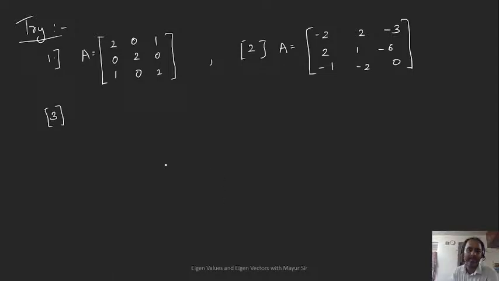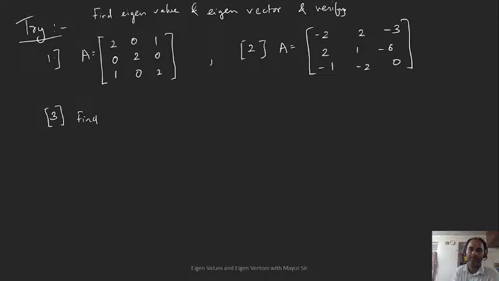For each, you have to find the eigenvalue and eigenvector and verify the Cayley-Hamilton theorem. Sometimes it is written CHT. I generally don't use it, but just for short form, for this purpose.